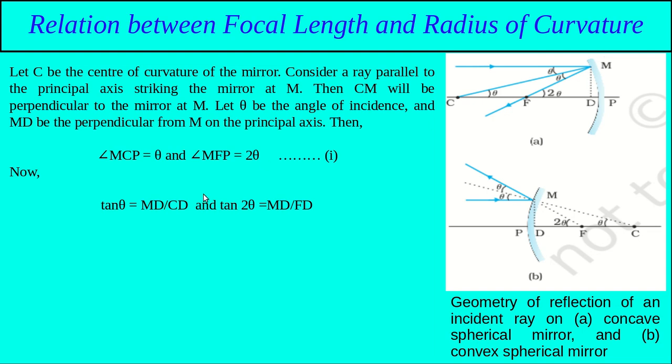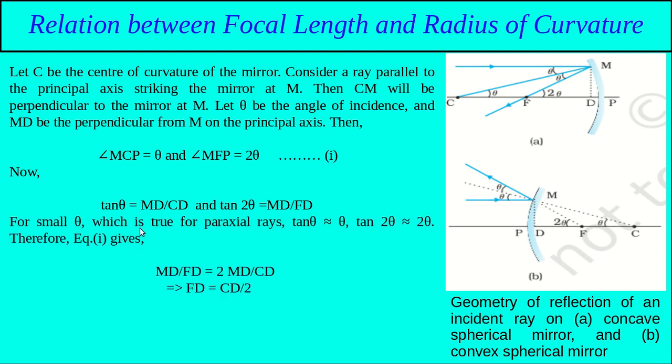Now tan theta is MD by CD, that is perpendicular by base, and tan 2 theta will come out to be MD by FD. For small theta, which is true for paraxial rays, tan theta can be considered as theta, and tan 2 theta can be considered as 2 theta. So equation 1 can be written as FD is equal to CD by 2.